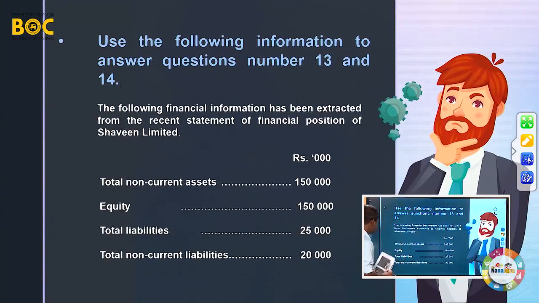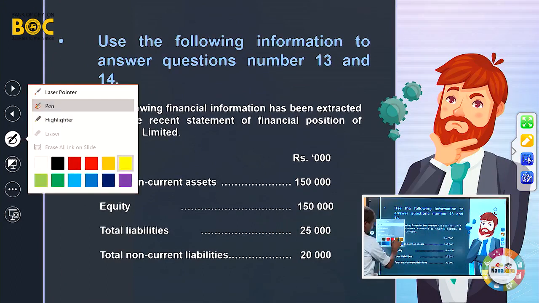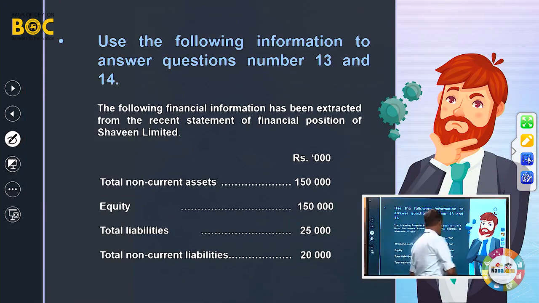So here you have total liabilities. The total liabilities consist of non-current liabilities and current liabilities. In a company, total liabilities consist of non-current liabilities and current liabilities. So here non-current liabilities given as 25 million. Then what's current liabilities?